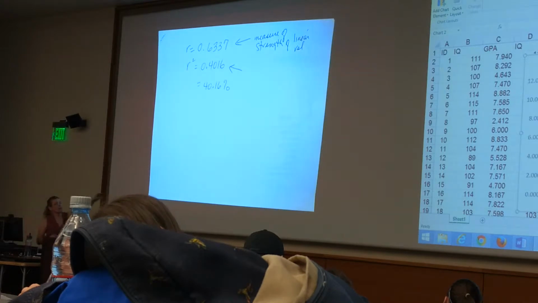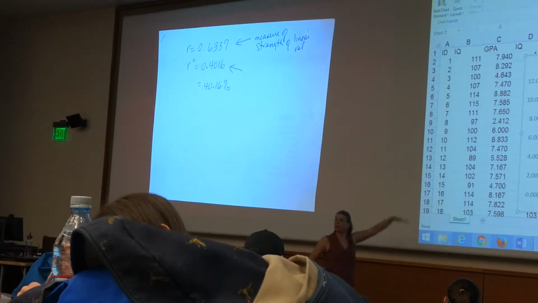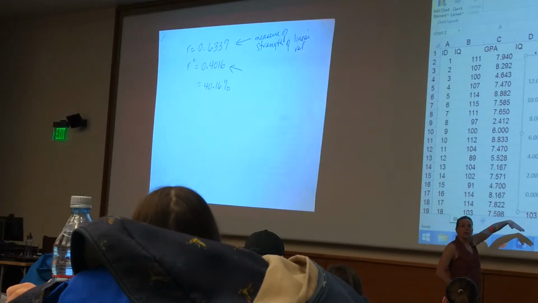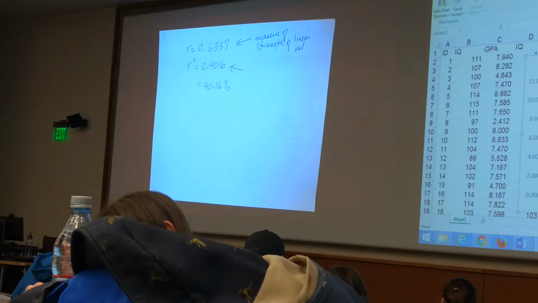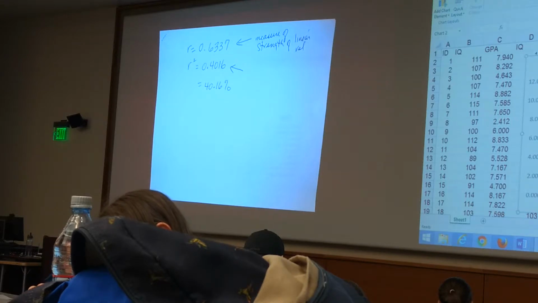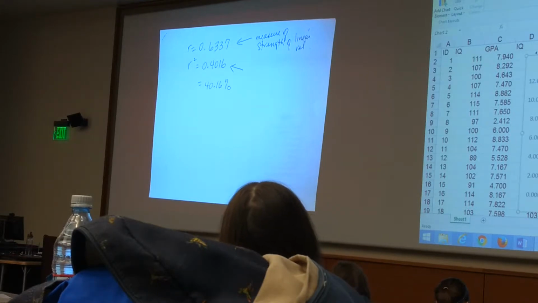Do you see a bunch of different GPAs, a bunch of different Y values? Part of the reason there are so many different GPAs is because there are so many different IQs. Are there other reasons why people might have different GPAs besides IQ? Yes. But 40% of that variation in GPA is because of variation in IQ.